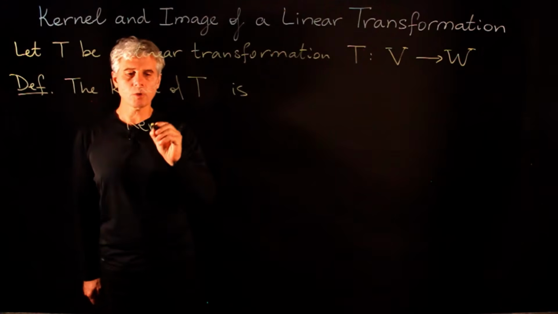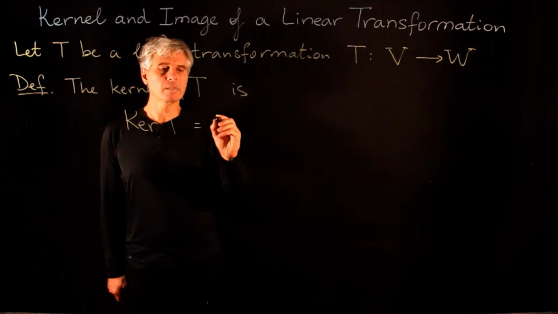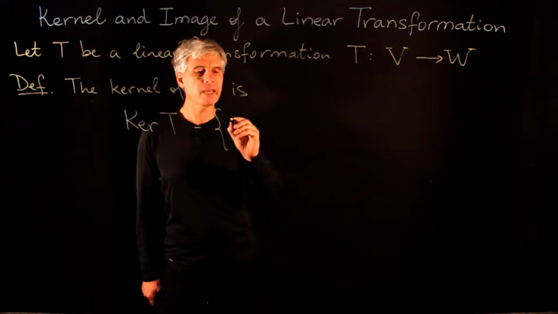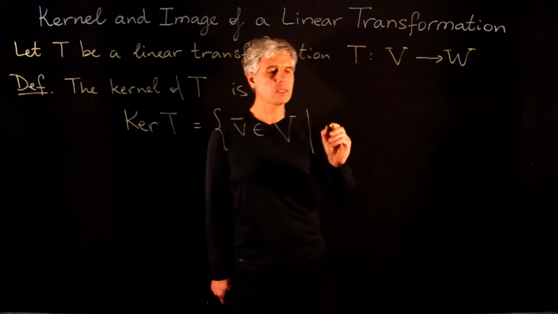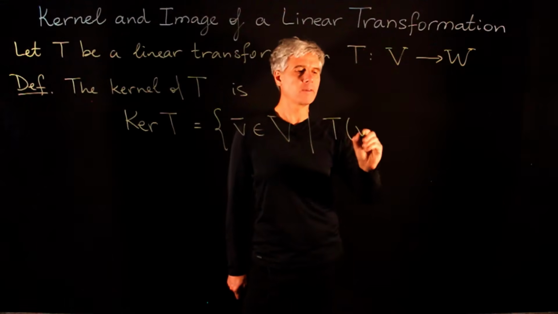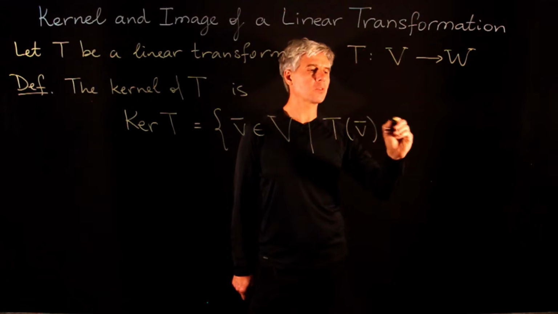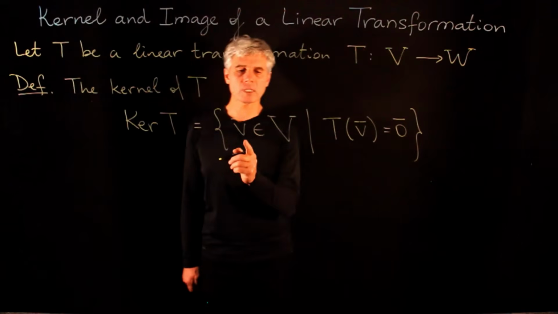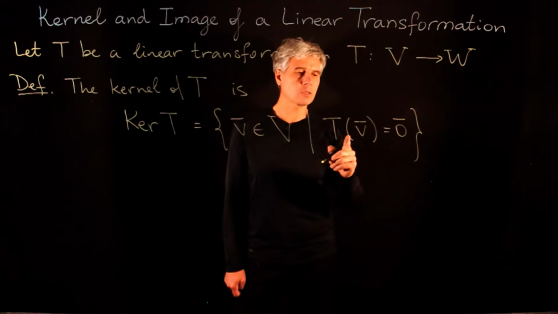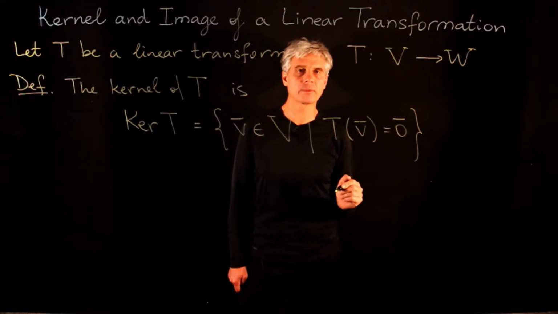It's denoted ker T, and it's the set of all vectors in vector space V such that T of v is equal to the zero vector. So the kernel of a transformation is the set of all vectors that are transformed into the zero vector.